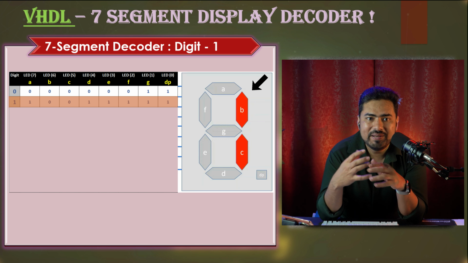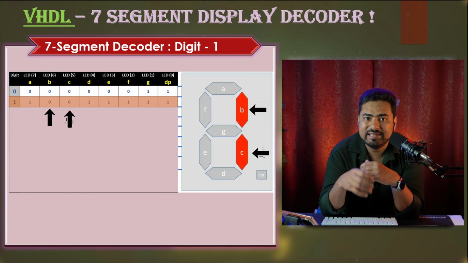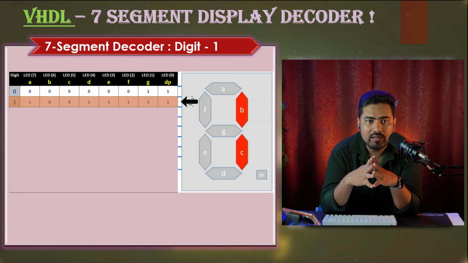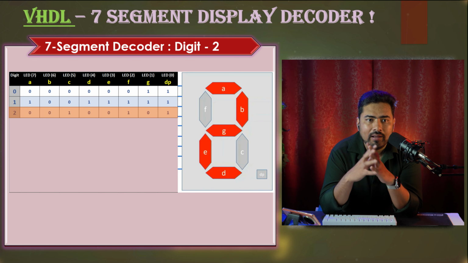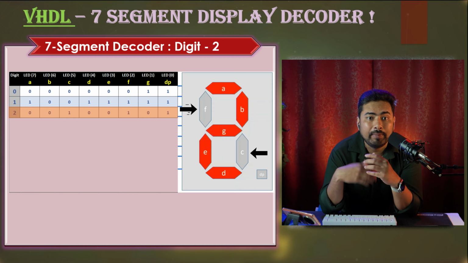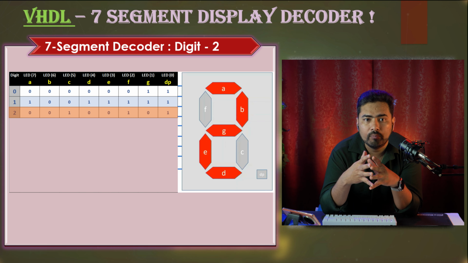Now for number 1, segment B and segment C are on and all the rest of the segments are off. So our output will be 1, 0, 0, 1, 1, 1, 1, 1. Next, for number 2, segment C and segment F are off and the rest of the LEDs are on. So our output will be 0, 0, 1, 0, 0, 1, 0, 1.